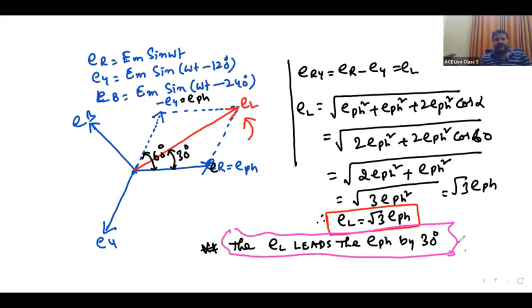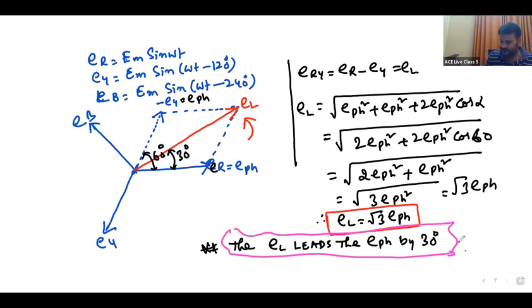Now let us take the two-phase alternator. There are three types of alternators: single-phase, two-phase, and three-phase alternators. Three-phase we have covered. Now the two-phase alternator.